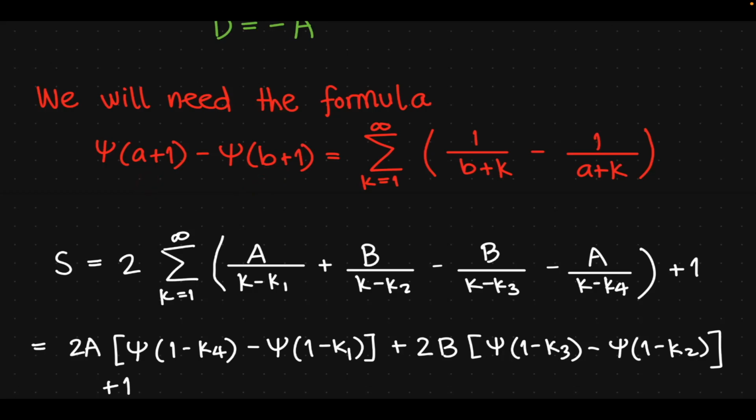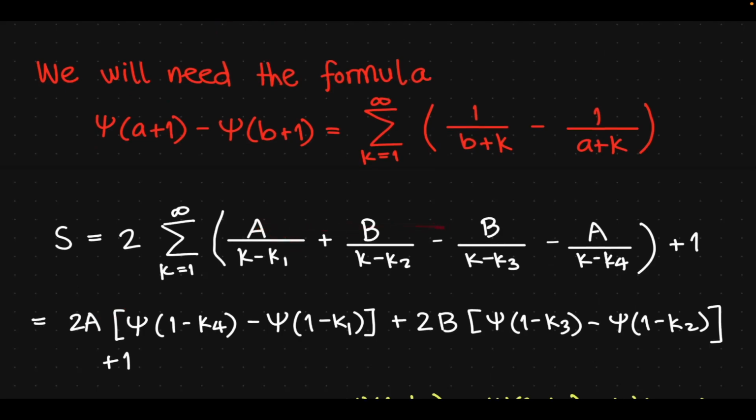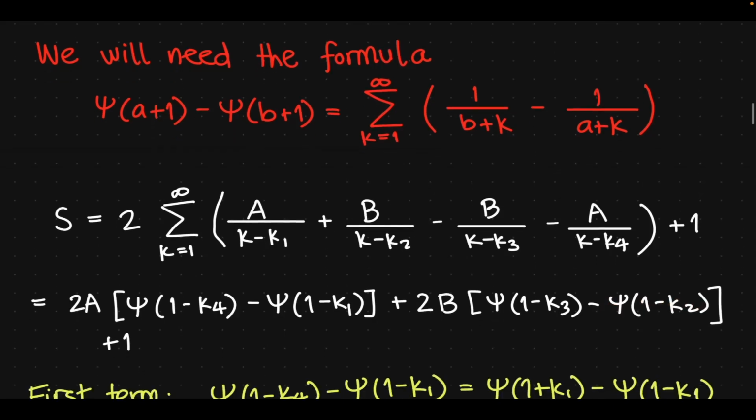So we have 2a, so we can take the a in common with the 2. So we have 2a and then a difference of digammas: digamma 1 minus k4 minus digamma 1 minus k1. Similarly, plus 2b, digamma 1 minus k3 minus digamma 1 minus k2. And again, add the 1.